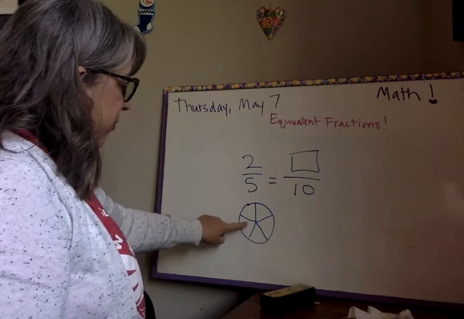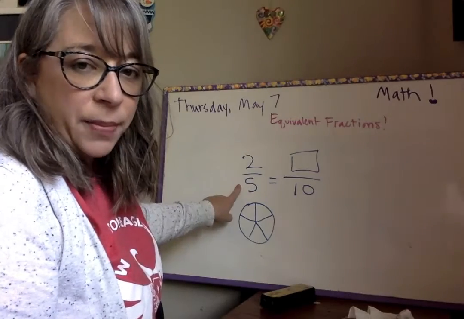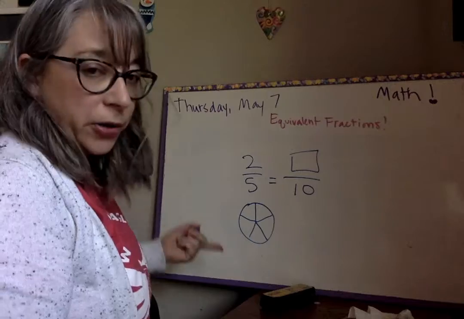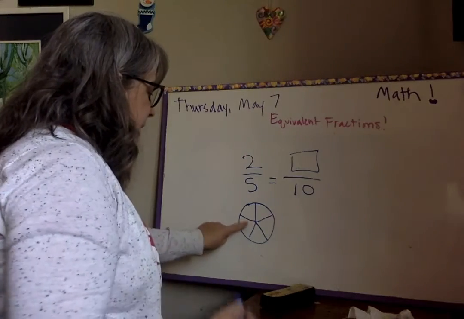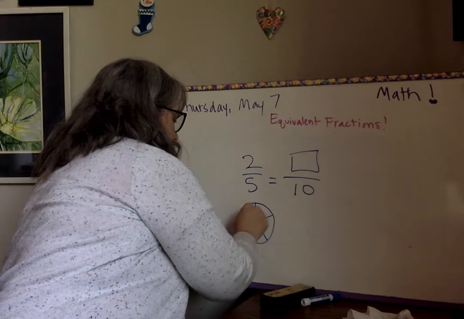Here are our fifths. 1, 2, 3, 4, 5. Remember, when we have fractions, our denominator is our whole, and our numerator is our parts of the whole. So our whole is fifths. 1, 2, 3, 4, 5. Let's shade in 2 parts of that. So now we have 2/5.